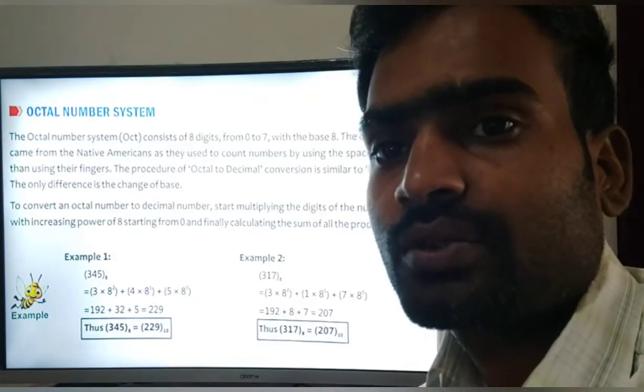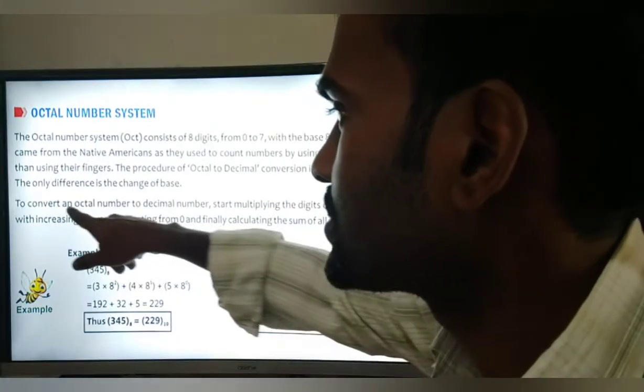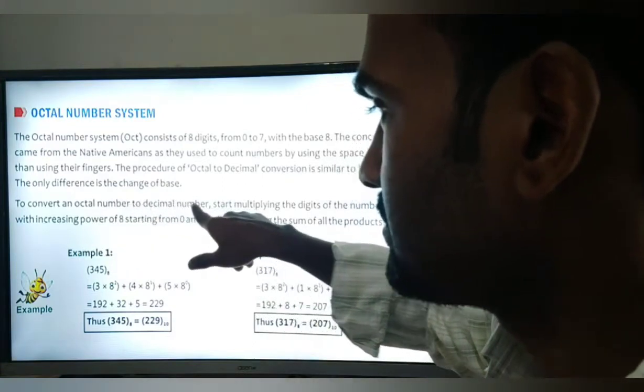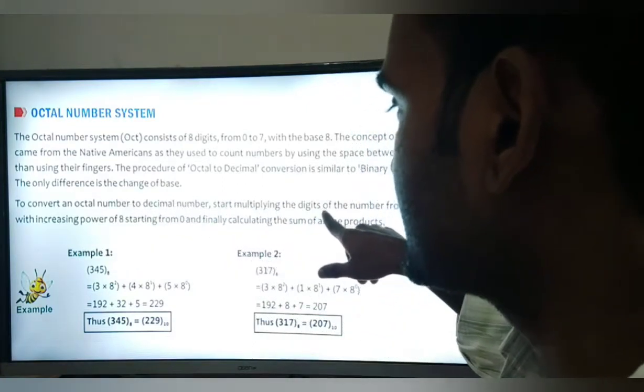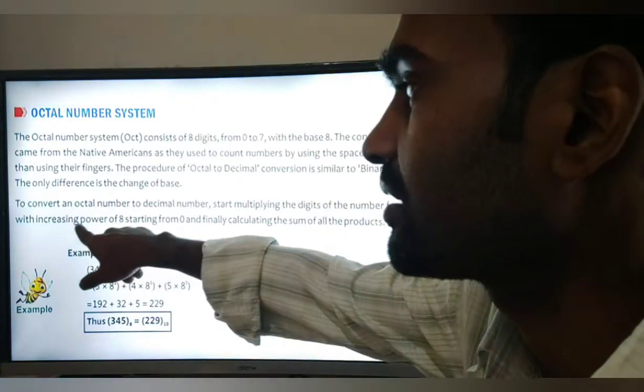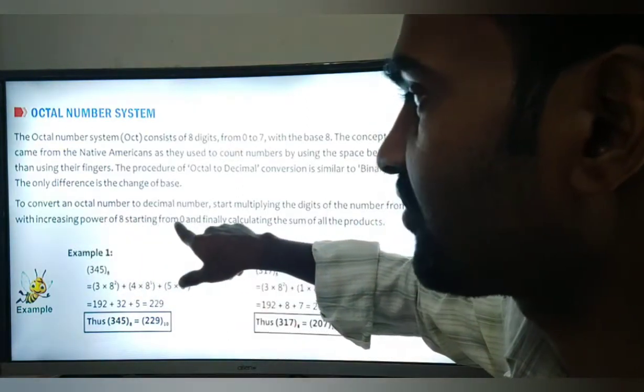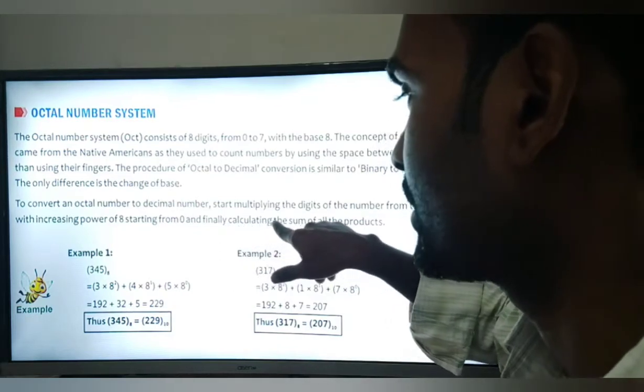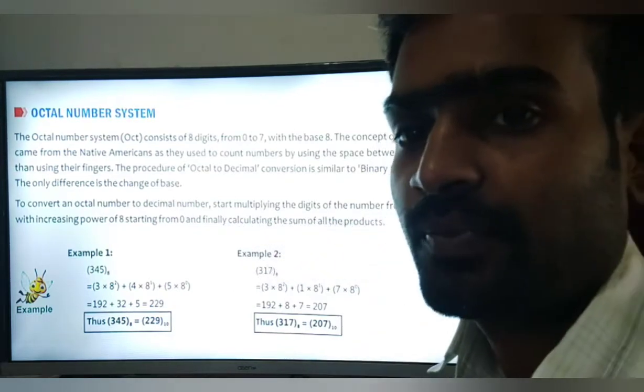This is what we were doing in the previous class. To convert an octal number to a decimal number, start multiplying the digits from the right hand side with increasing powers of 8 starting from 0, and finally calculate the sum of the products.